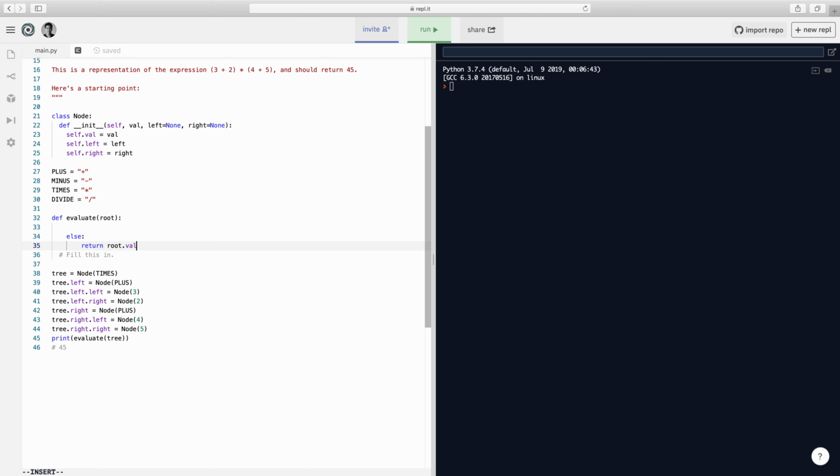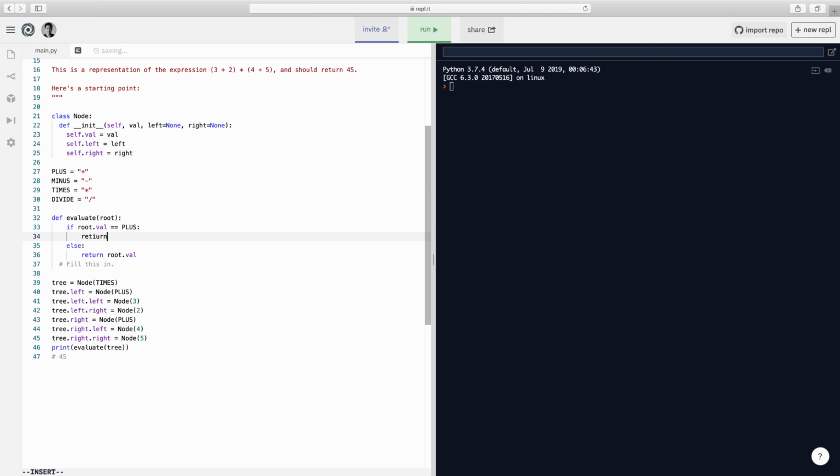First, if the value is a plus, we already defined the plus, minus, times right here. Because we're in Python, it's a little bit easier because value can be a string or a number, so it'll just do it automatically. If you're in C++, you kind of have to do something different.